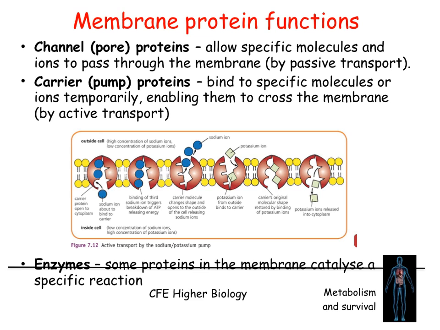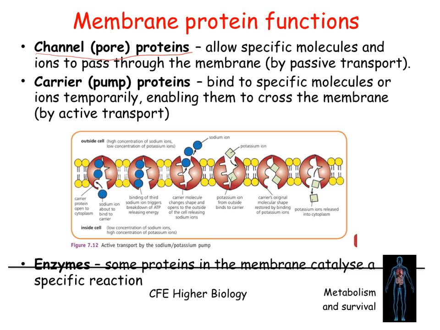It may be that there's pores in the proteins and they allow specific molecules or ions to pass through the membrane, and that can be by passive transport, by diffusion. But there are other proteins which act as carrier molecules, and they allow certain ions in and out of the cell, and they are involved in active transport, where you want to get an ion out of the cell.